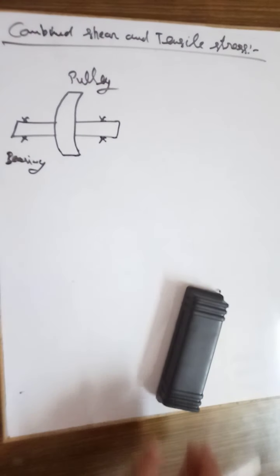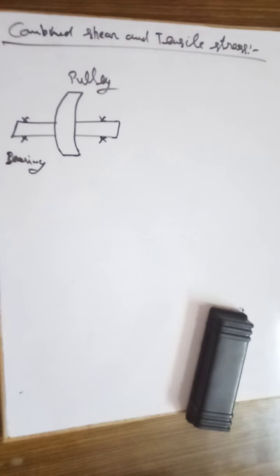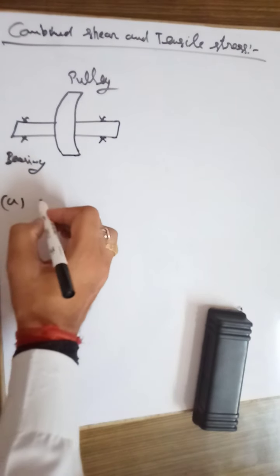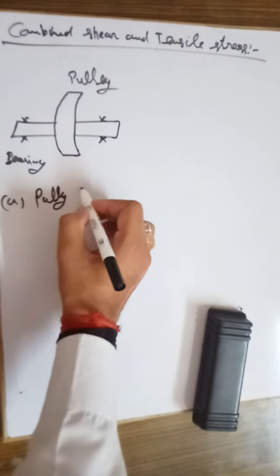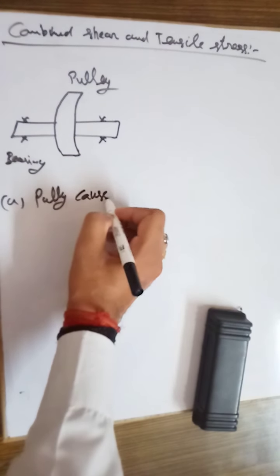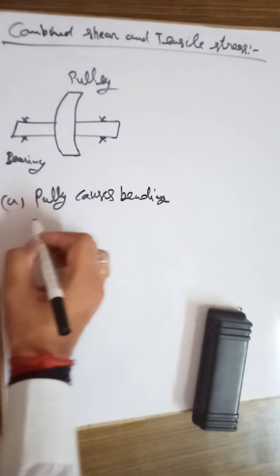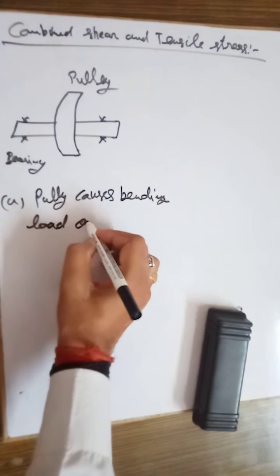Okay, so this shaft is subjected to torsion due to the power transmitted and to bending by the belt load. Okay, so the pulley causes bending load on the shaft.